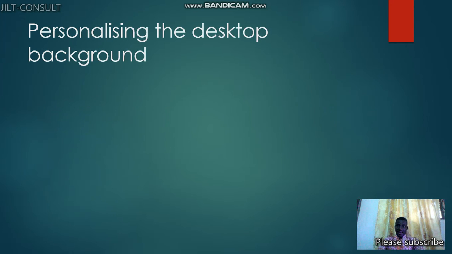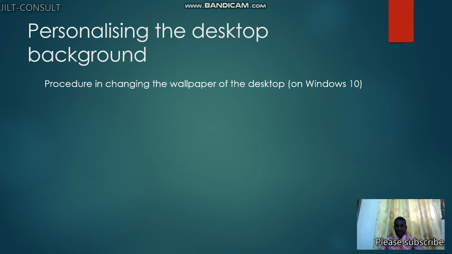How do we personalize the desktop background? Step 1. These are the procedures that we are going to do. So please write them down, make your own notes. Using Windows 10, not using Windows 7. Maybe you are having Windows 7 in the house. Just follow the steps that I'm giving now, and in a different tutorial I'll show you how to do the same thing on Windows 7. Today we are just using Windows 10.